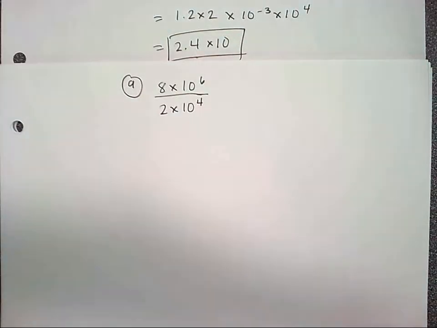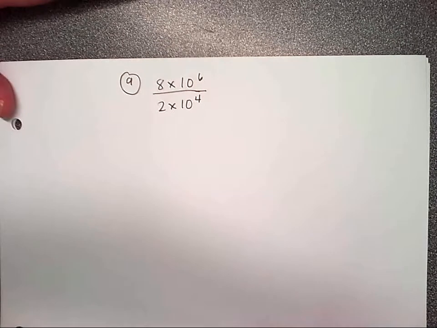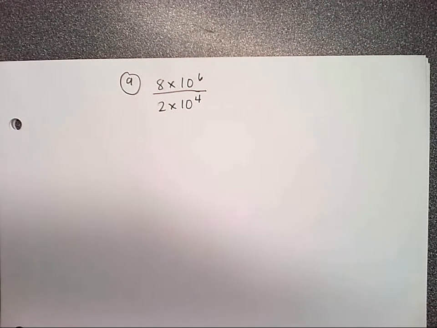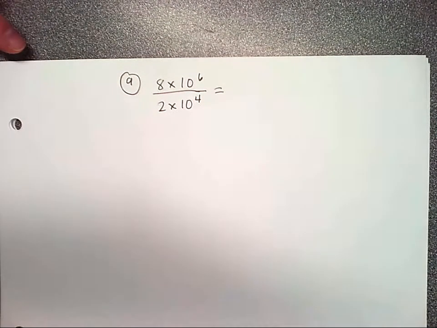So I'm dividing these numbers that are in scientific notation, right? So I divide my like terms. I'm going to divide my number, and then I'm going to divide my 10 to the power. So I think you guys can do this, yeah?